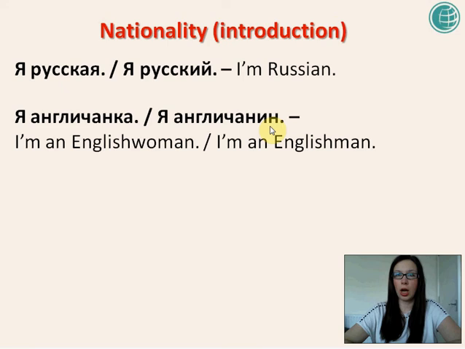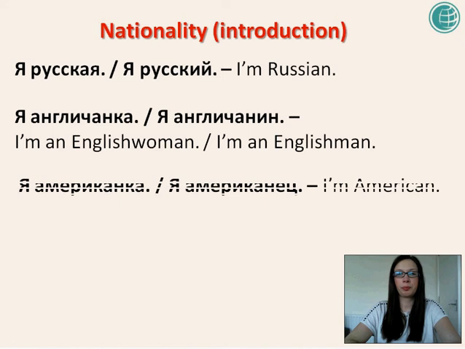Англичанка and англичанин are formed from the word Англия. Англия means England in the Russian language. But when we say Англия, sometimes we mean the entire United Kingdom. So англичанка is an English woman, англичанин an Englishman. Again, different words for different genders.